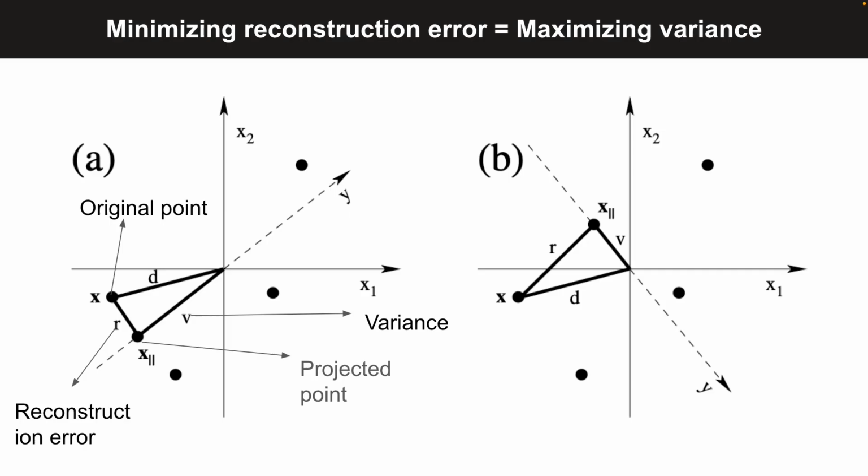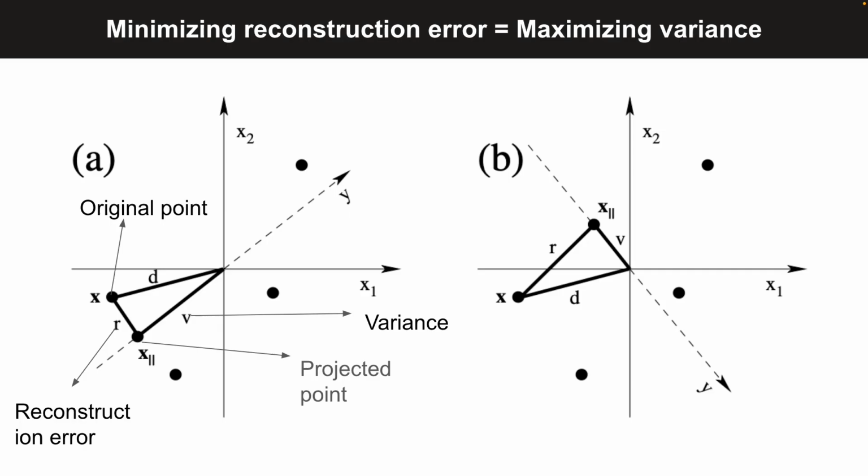So I want to minimize this R. Okay, this is just geometry, right? This is just your high school geometry of hypotenuse square being equal to sum of the two sides square.